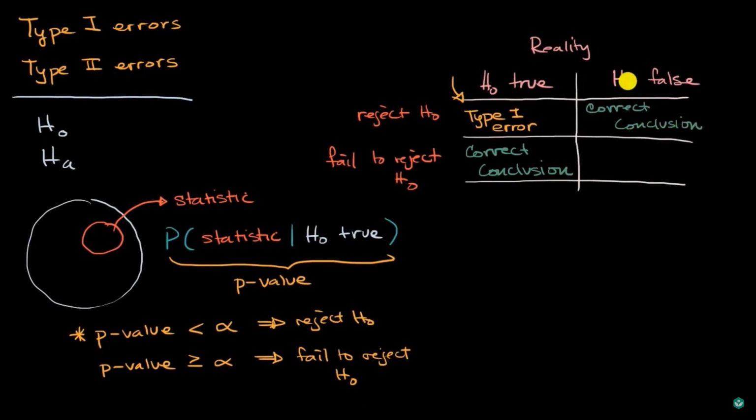But if your null hypothesis is false and you fail to reject it, well, then that is a type 2 error. That is a type 2 error. Now, with this context, in the next few videos, we will actually do some examples where we try to identify, one, whether an error is occurring and whether that error is a type 1 or a type 2.